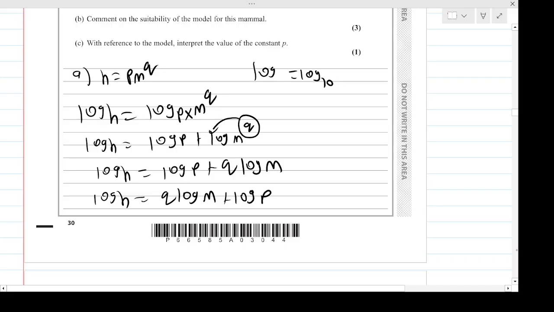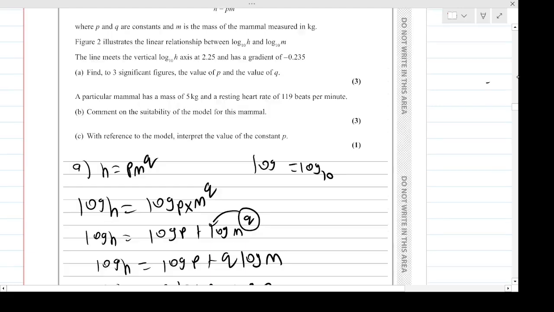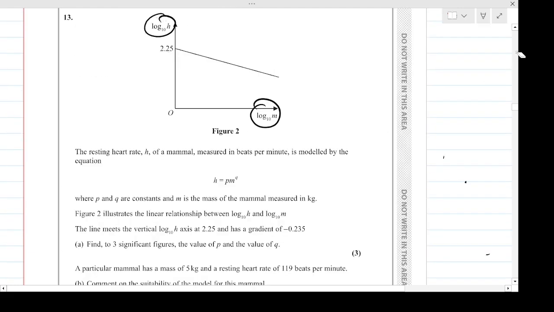So actually, if I compare with a straight line, let's say this is y and this is x, because obviously log h is on the y-axis, pretty much, and log m is on the x-axis.